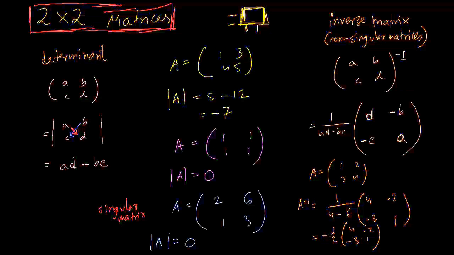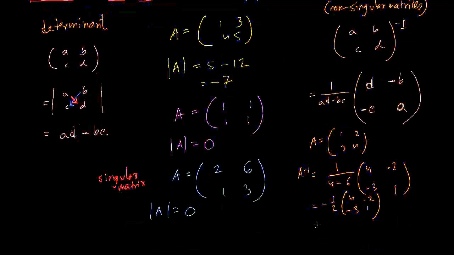So this is what it looks like. Minus half with 4 is minus 2, minus half with minus 2 is 1, minus half with minus 3 is 3 by 2, and minus half with 1 is minus half. So that's the inverse of a matrix.